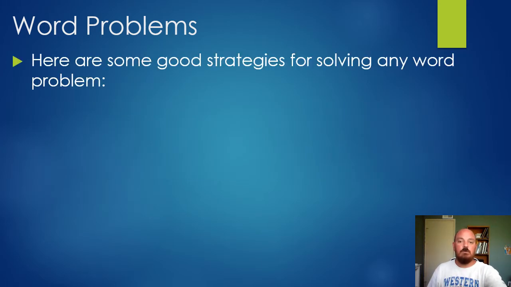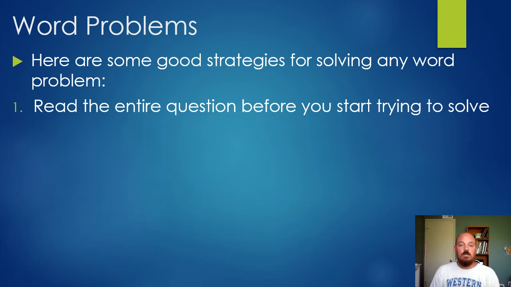So let's talk about general rules for solving a word problem. For as long as you take math, you're always going to see word problems, so here are some general rules for solving them. Number one, always read the entire question before you do anything. A common mistake is people read the first sentence, say, oh okay, I'm going to do this, and start writing.